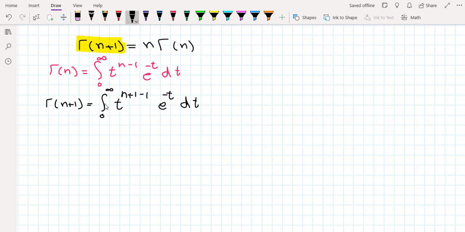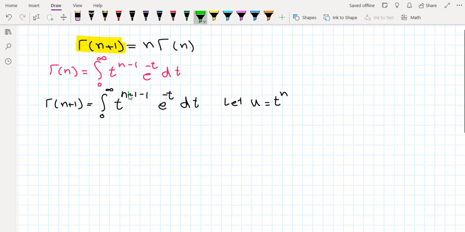Now we are going to solve this integral. We cannot solve it directly, so we're going to use UDV. In the UDV part, we let u be equal to t to the power of n. Why power of n?